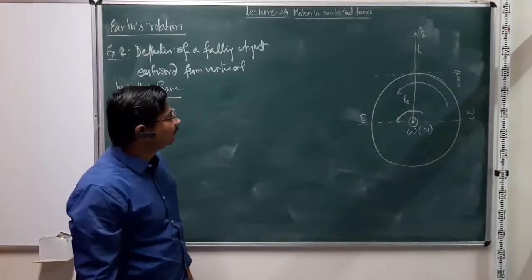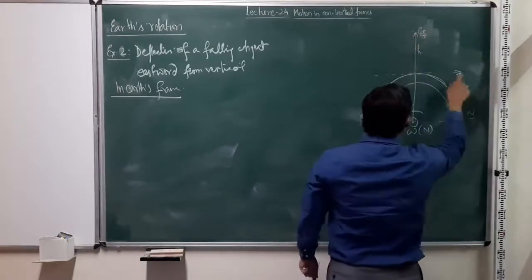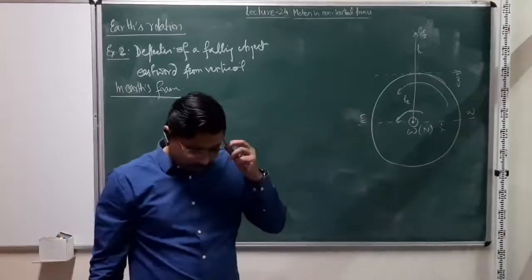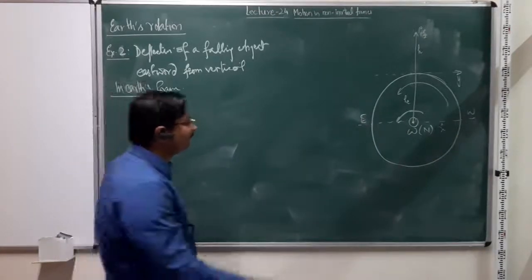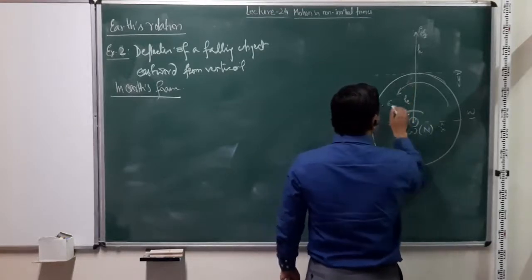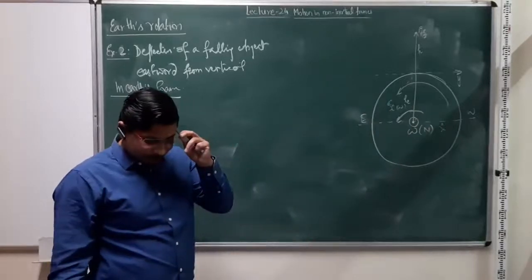Am I correct? No, sorry. So I take this as z cap, y, and then this becomes my x cap. So the x, y, z coordinate system is fixed. So basically my x cap is the usual way when we draw, it's x cap, which is also the direction of omega. Okay, this is good.